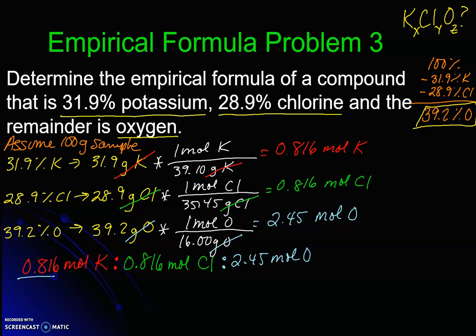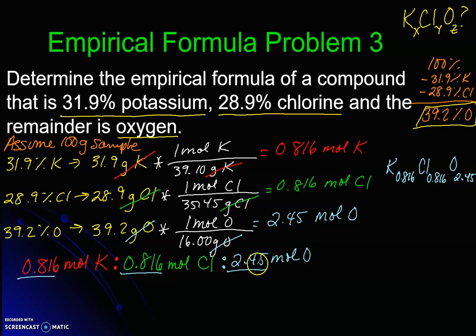So what did you do before? You divided each number by the smallest of the 3 numbers. Because in essence, what we're doing here is we're changing K0.816, Cl0.816, O2.45 into whole numbers.